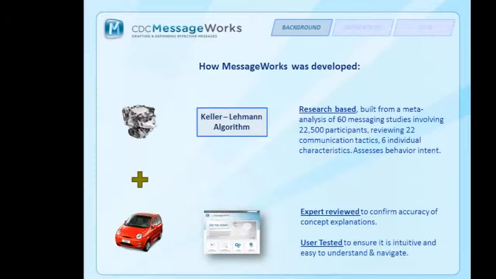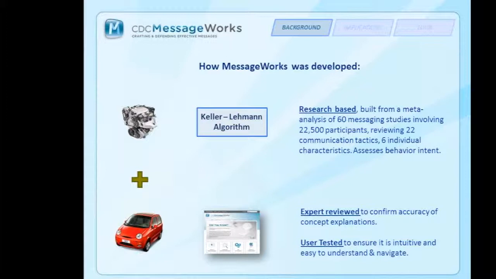So now to just briefly describe this algorithm, my co-author Lehmann and I did a meta-analysis from 4 literatures: communication, health, psychology, and marketing/consumer research. We found 60 studies that met our criteria.